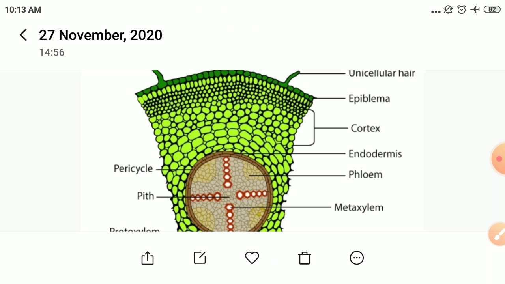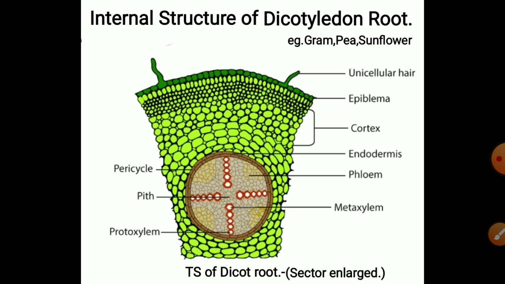Thus this epidermis serves the function of protection as well as it absorbs the dissolved nutrients and water from the medium where the plant is growing, that is, from the soil. So this is the absorptive structure for dissolved nutrients, minerals and water from the soil.